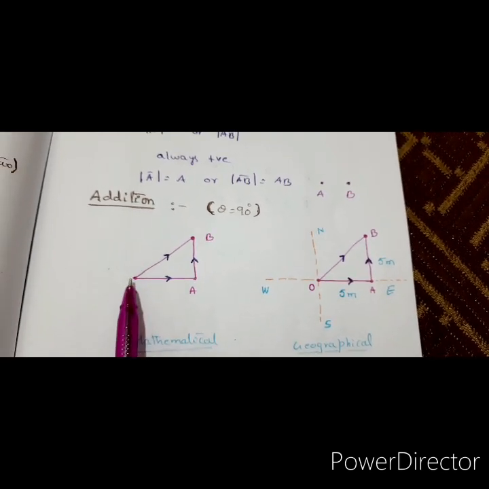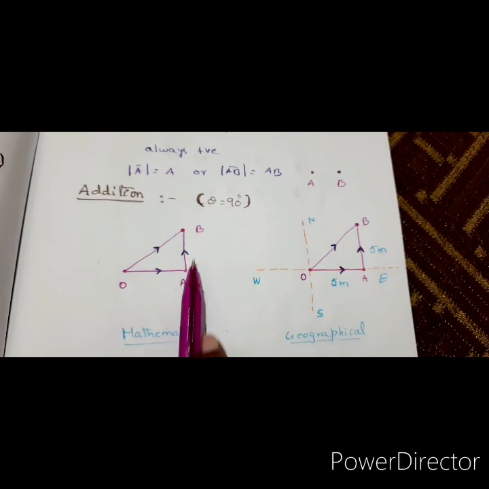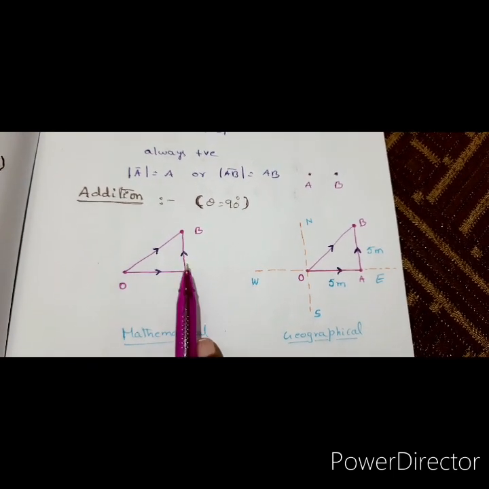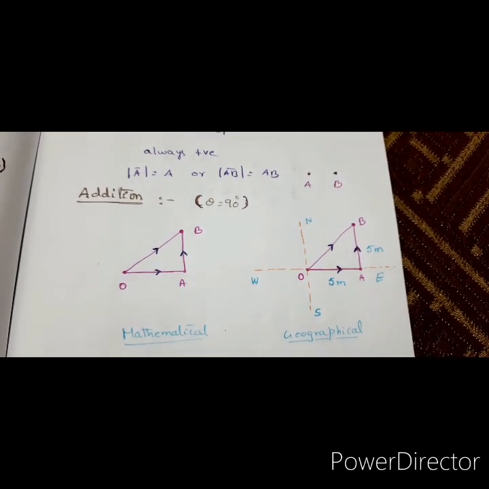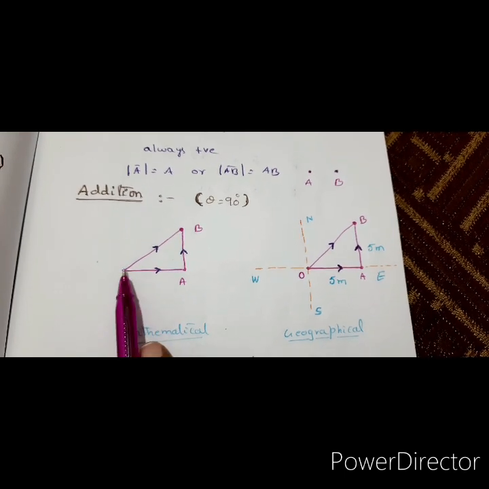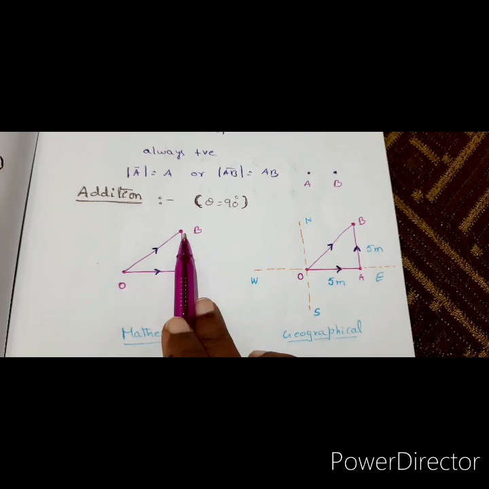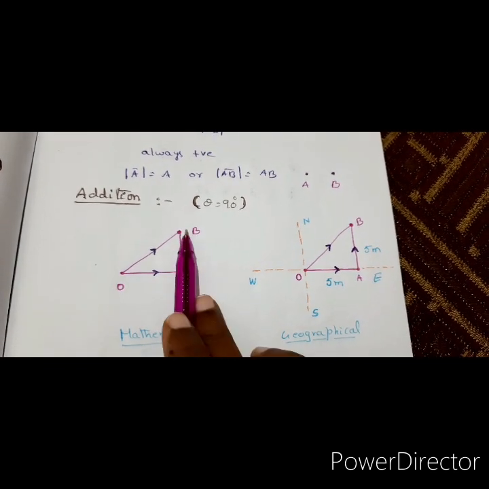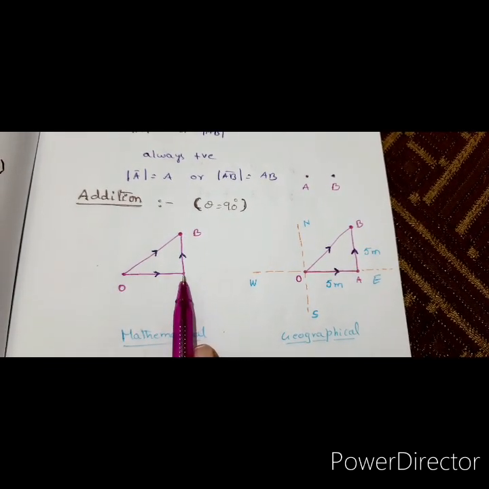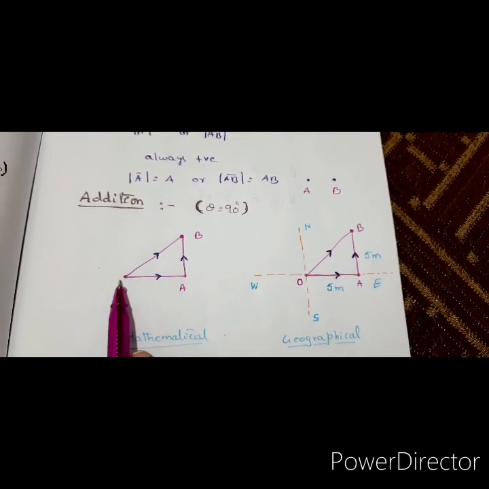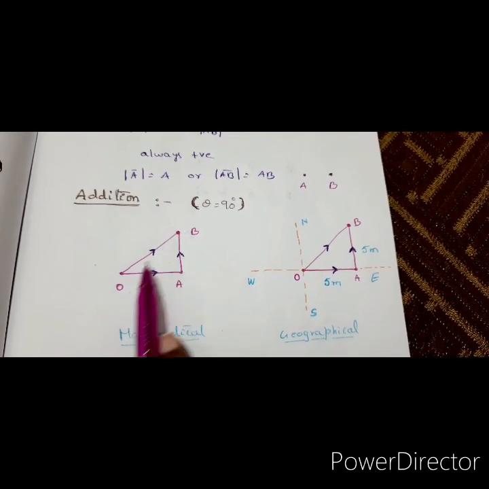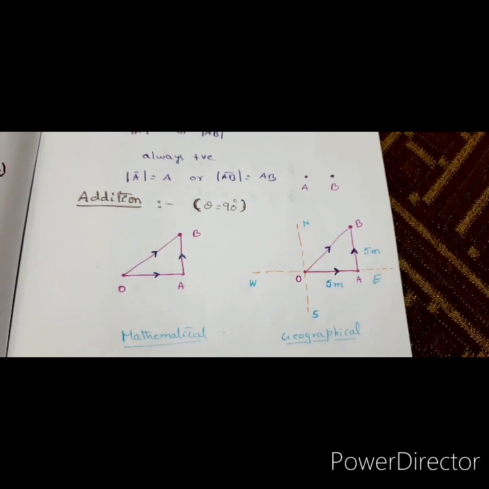Suppose two vectors are given which are acting at a point in mutually perpendicular directions. So OA bar is one vector, AB bar is another vector. These two are acting perpendicular to each other. And this is the direction of the resultant, which is OB bar.